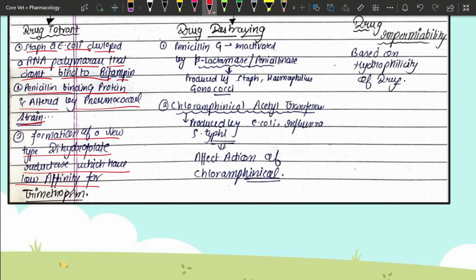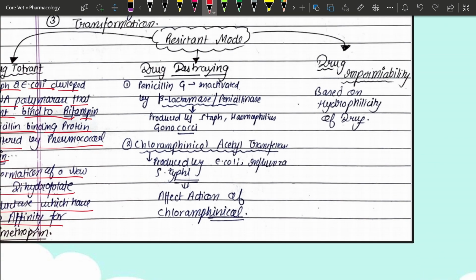But certain bacteria develop a dihydrofolate reductase that has low affinity towards trimethoprim. So it won't show any response towards trimethoprim, meaning trimethoprim won't be able to inhibit folic acid synthesis, right?